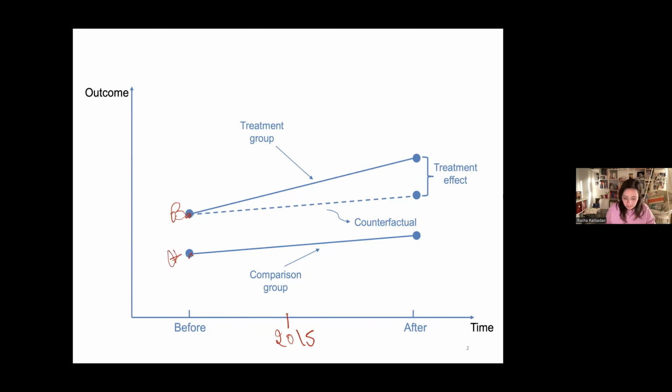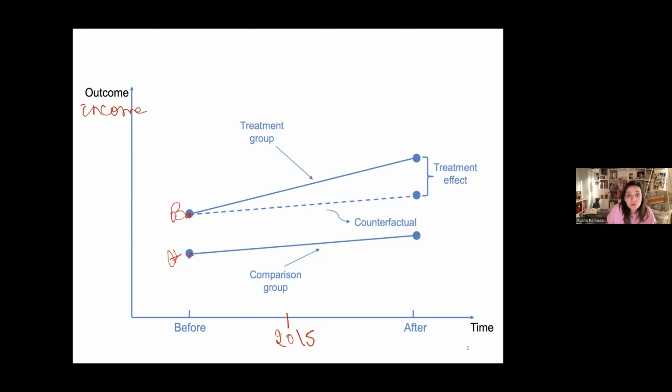So over time, between the period before 2015 and after the period 2015, we assume that individuals, because they already have different characteristics, observable and non-observable, their situation would evolve differently. Assume that the outcome in this case is the income.